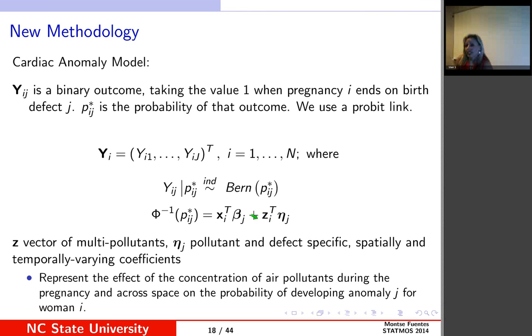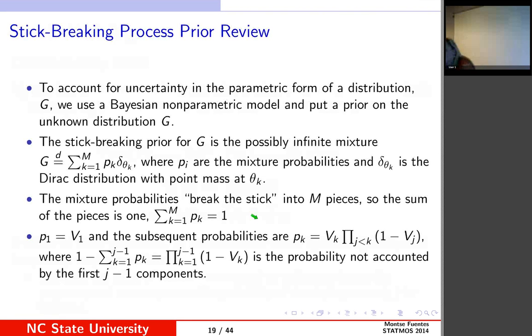We allow eta to change across space, time, across birth defect, and in a way that would be able to detect potentially signal at one location and maybe not at others, or in particular in some cases there are going to be potentially more critical, very short time windows throughout the pregnancy that will be more sensitive to the exposure to this air pollution.